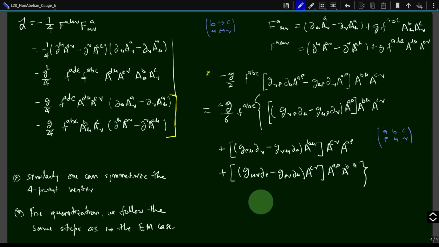As far as the quantization of these fields is concerned, I only need to care about the part which is quadratic in the fields, and that part is just so many copies of the U(1). So whatever I did for U(1) simply goes forward over here. I have no change.